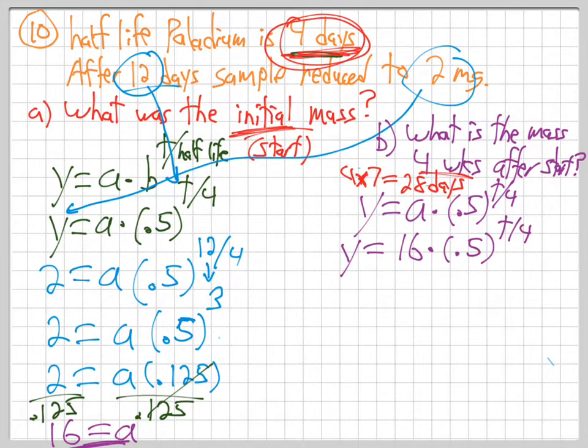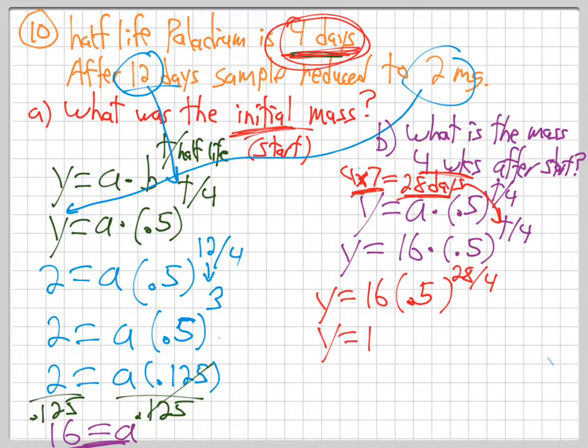So I've got to take their 4 weeks, change that into 28 days, and plug that in right there for t. So we get y equals 16 times 0.5 to the t, and what's t? 28 divided by 4, 28 days. So y equals 16 times 0.5 to the 7th.